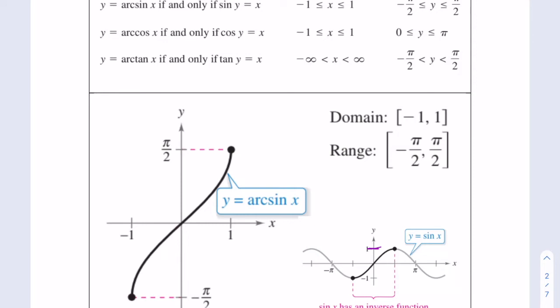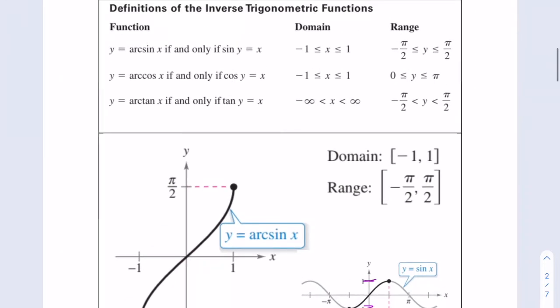They both go up to 1 and down to -1. So that becomes the domain of the inverse function. Now the range is the restriction that we put on the domain in the beginning. So we restricted this domain from negative pi over 2 to pi over 2. This will be the range for the inverse sine.